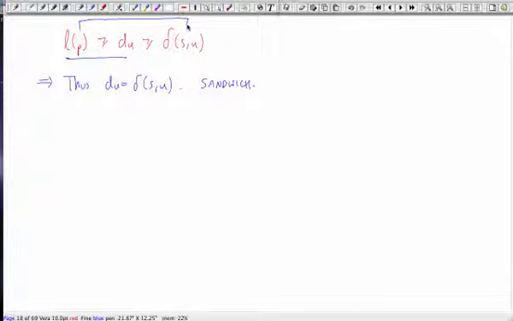Whatever that shortest path P is, its length is going to be delta SU. That's what it is by definition. And so now, for every path, if LP is greater than or equal to du, that means that du has to equal this right here, because in particular, it has to hold for that shortest path. And this contradicts.